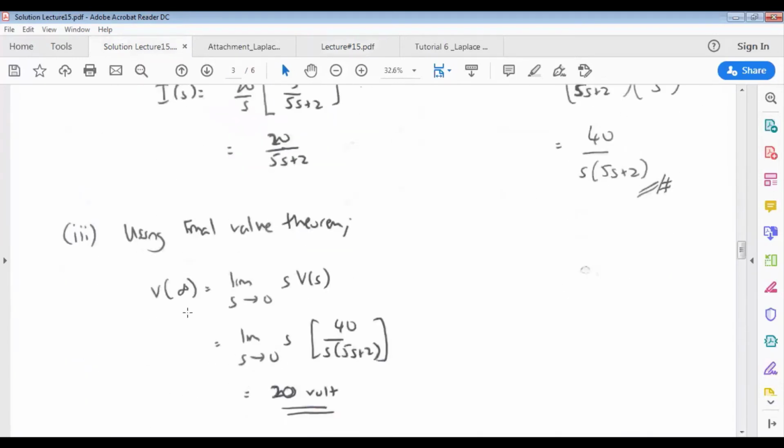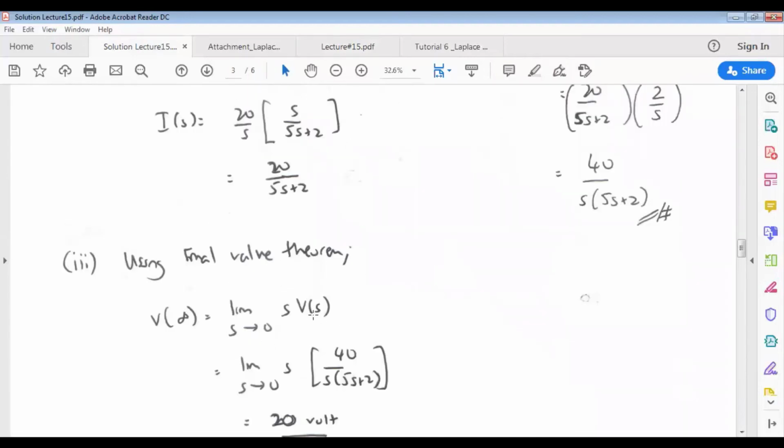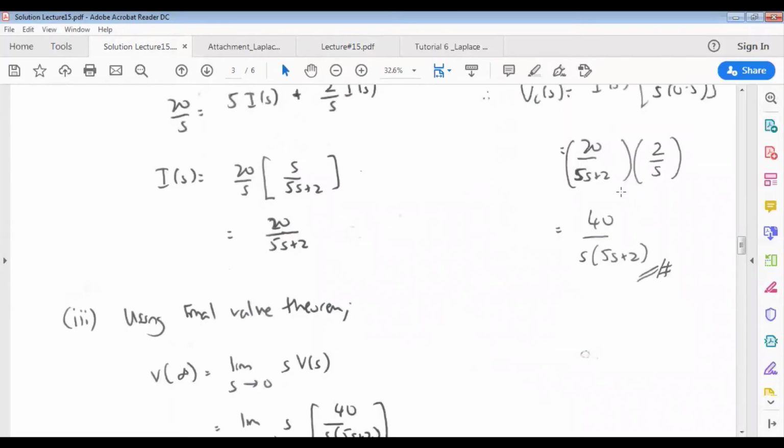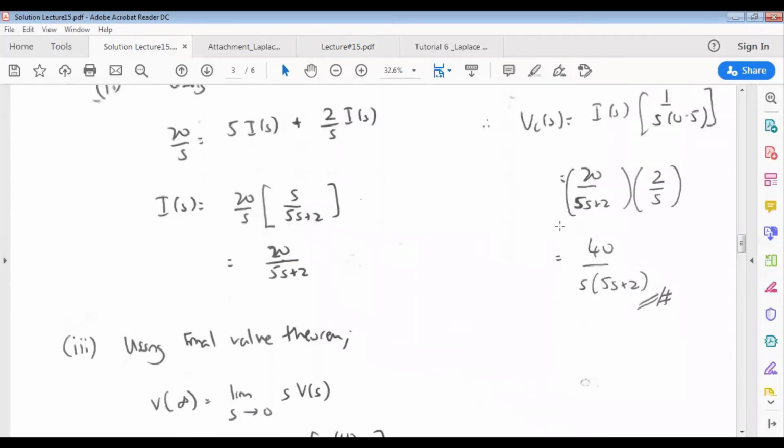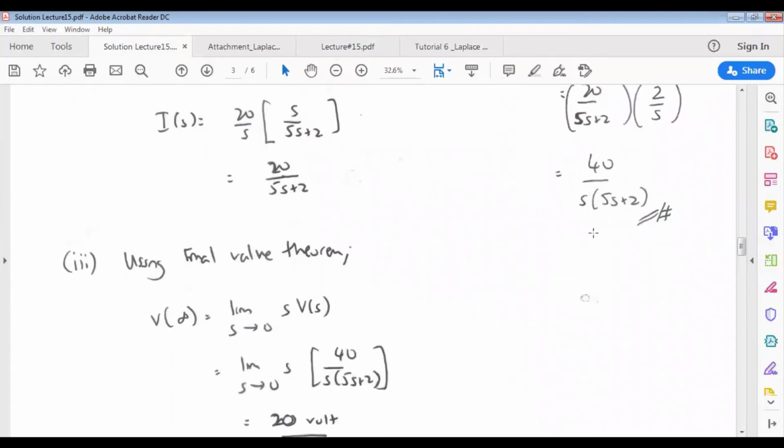This is the equation with which we can find the final value, V infinity, by evaluating the limit of S approaching 0 of S times V(s). Previously we found that VC(s) is 40 over S(5S plus 2). So this VC(s) will be used here because we want to find the final value.